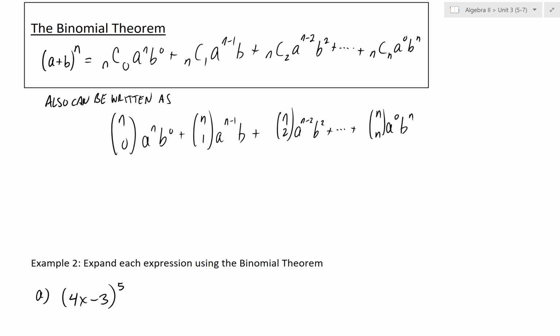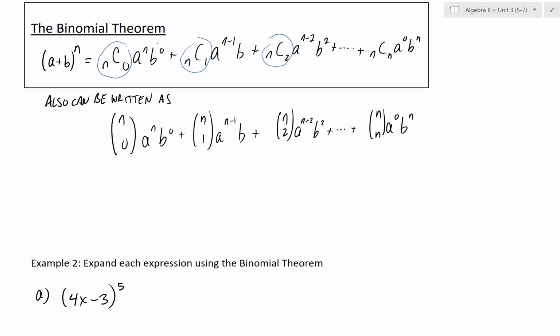Okay, so in the binomial theorem, everything is the same as what we did with Pascal's triangle, except for the coefficients that are in front. Yesterday we just got these coefficients by looking at the numbers in Pascal's triangle. Now we're using nCr to get that.